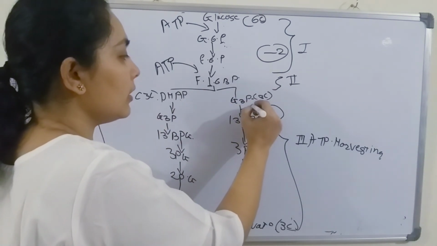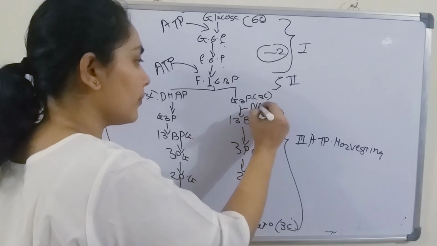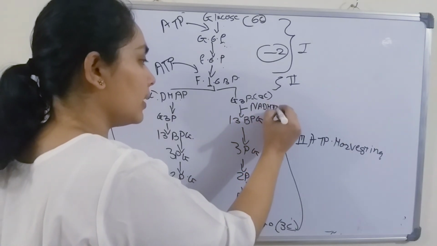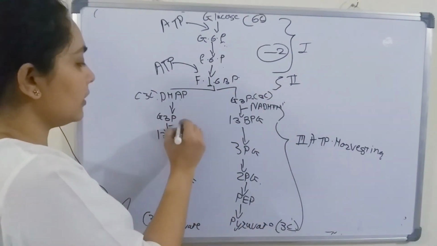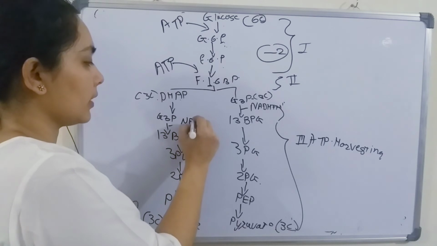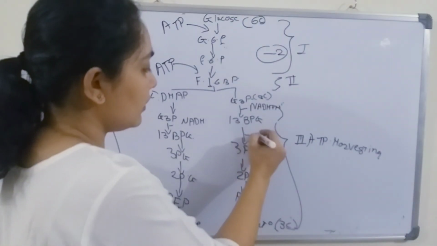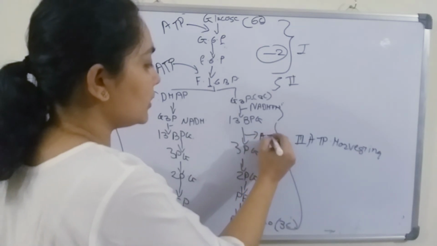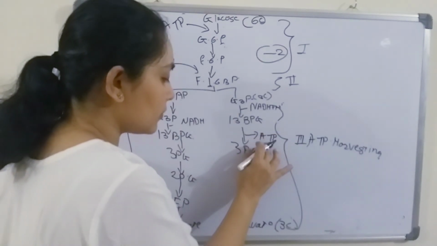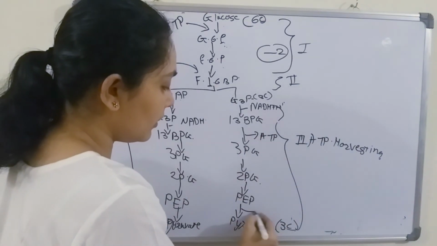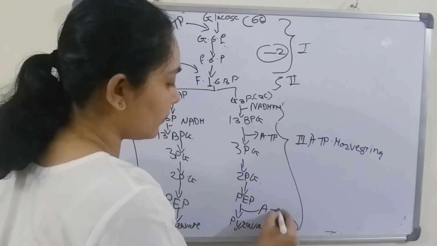Here we are getting 1 NADH, H positive. Here also we will get 1 NADH. Okay. Then here 1 molecule of ATP will be generated via substrate level phosphorylation, and 1 more ATP.